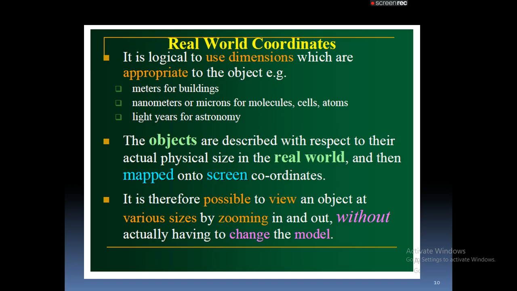With respect to the object, you can view it on the screen by increasing or decreasing its size. This is one type of viewing. If you are increasing the size of the object, we are performing zooming in.